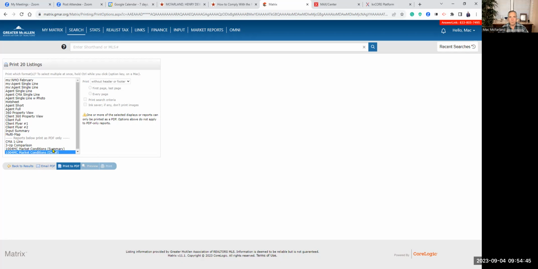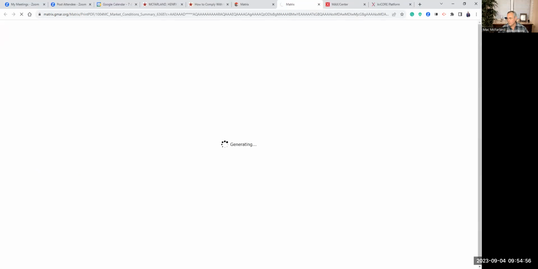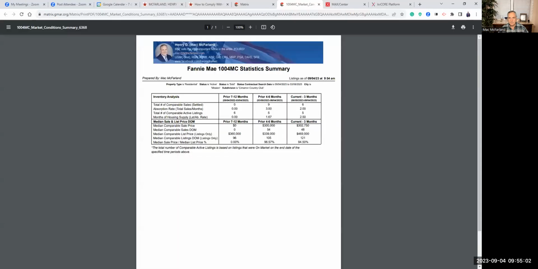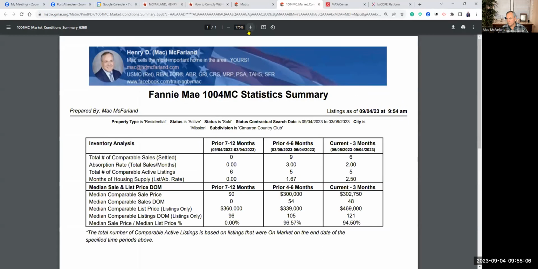The 1004 is what appraisers use for their appraisal for FHA. So when I click on this one, that opens up. So this was the summary. Did that open up for everybody? You see that? Okay.